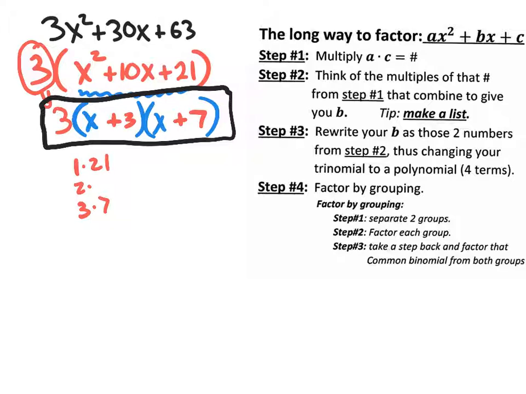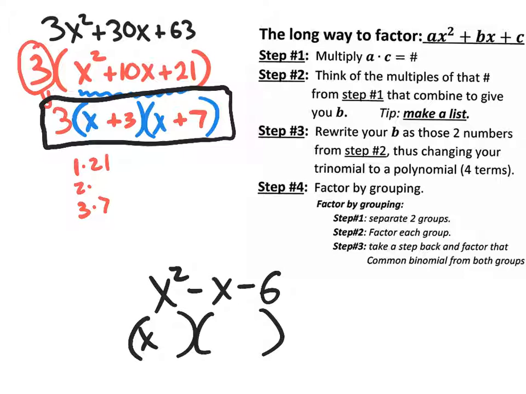If anybody had this one, let's say x squared minus x minus 6, would anybody like to do the long method on this quadratic trinomial? Heck no. I mean, unless you're bored on a Saturday night, right? But right here, you could do the shortcut. What's the answer, guys? What times what is negative 6, that if you add together is negative 1?